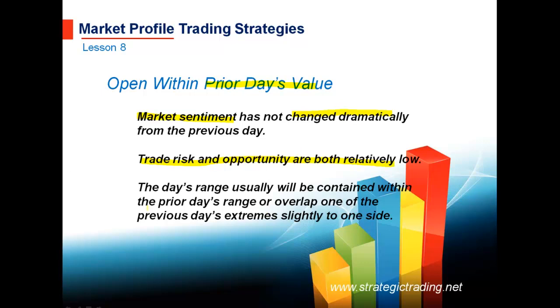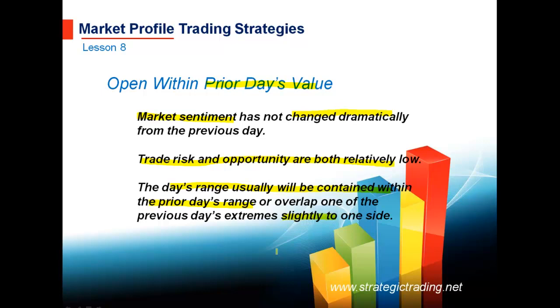And when this happens, you need to also be aware that the day's range usually will be contained within the prior day's range or overlap on one of the extremes of the prior day slightly to one side. But typically it'll be within the value or within the range of the prior day.